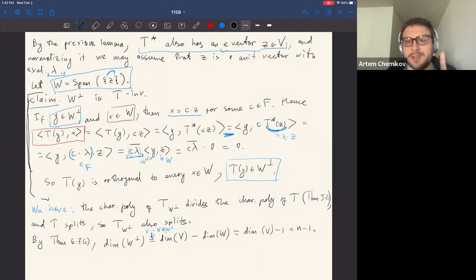Okay, so maybe this is promising because we have found some space, W perp, whose dimension is smaller than N. So now we can try to apply the inductive assumption to it.